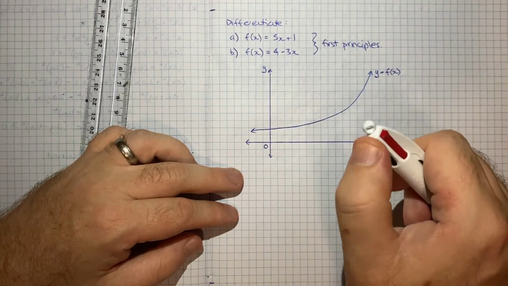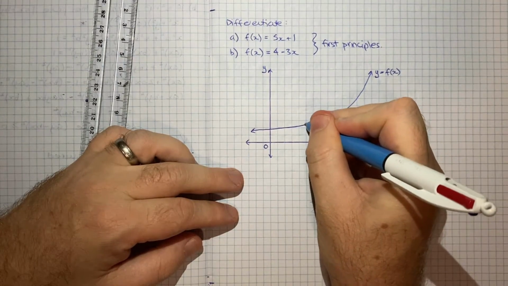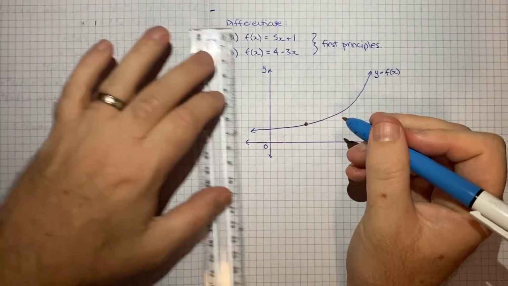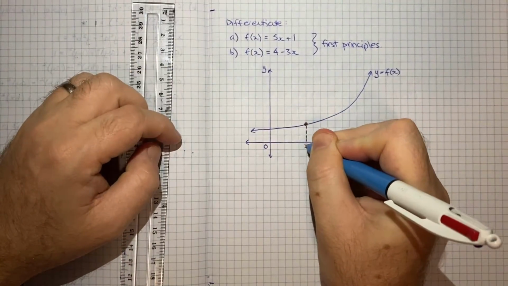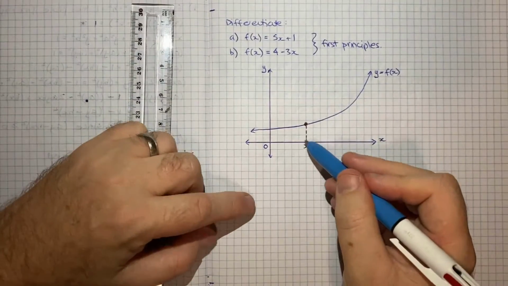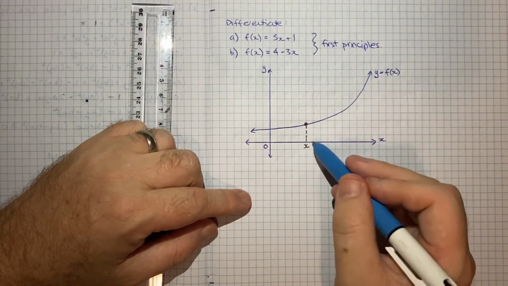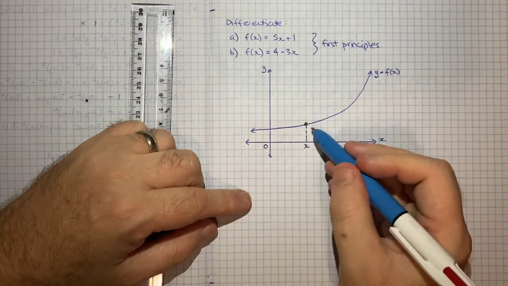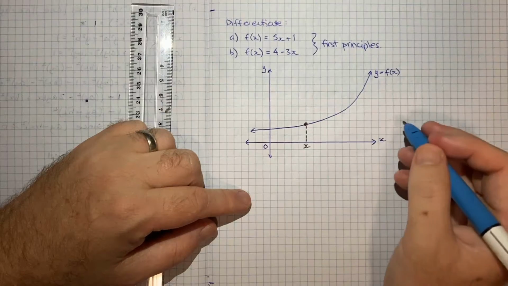Now what I might do is I'm just going to pick 2 points on this curve. I'll say the first point here is at the point x, and this is where maybe it's a little confusing, but there's some value x. x could be 1, 2, 3, whatever it is isn't really what's important. It's just that it's some value of x on the x-axis.